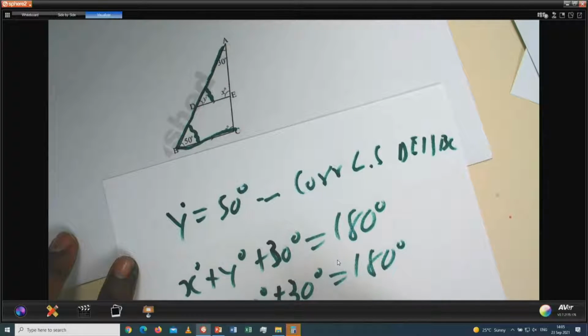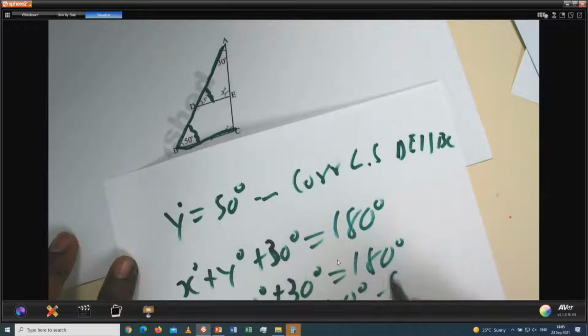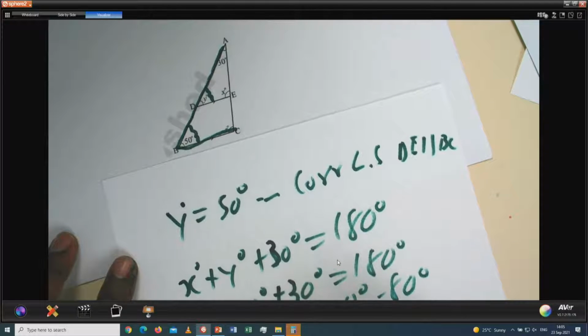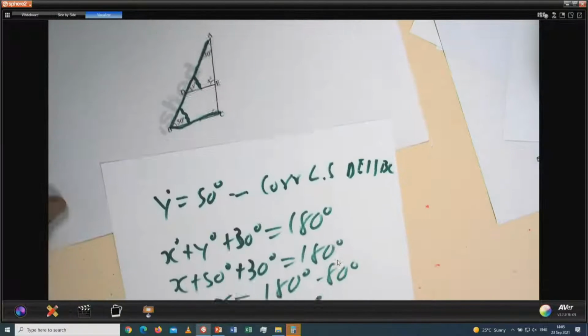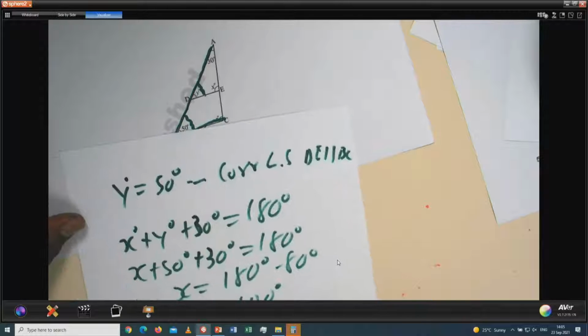X equals 180 degrees minus 80 degrees, which is 100 degrees. Let me lift this a little bit. Which is 100 degrees, right?